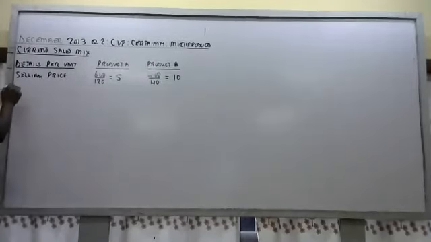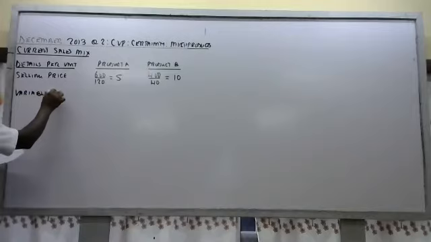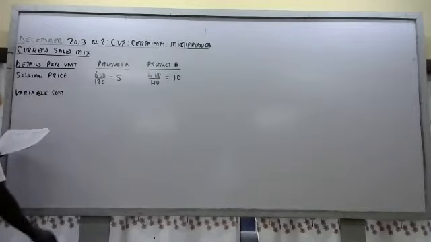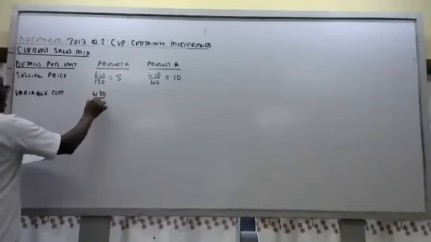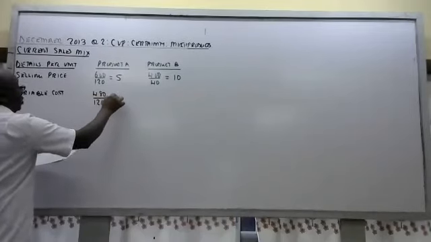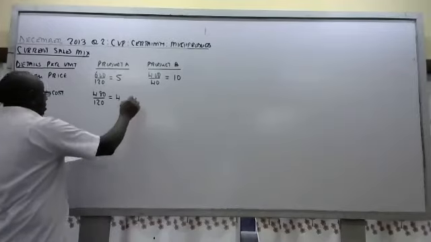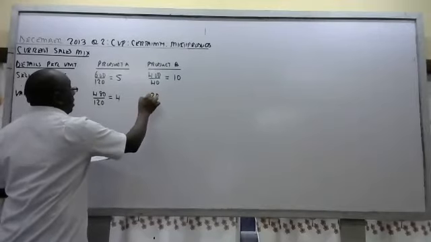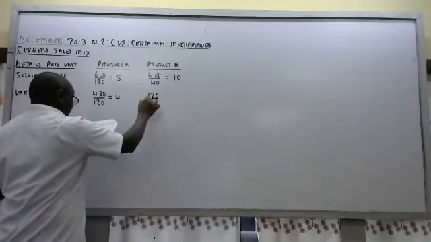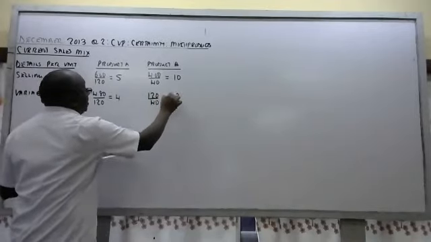The next one is variable costs. So variable cost is 480. You divide by 120, that should be 4. Then 120, you divide by 40, that is 3.